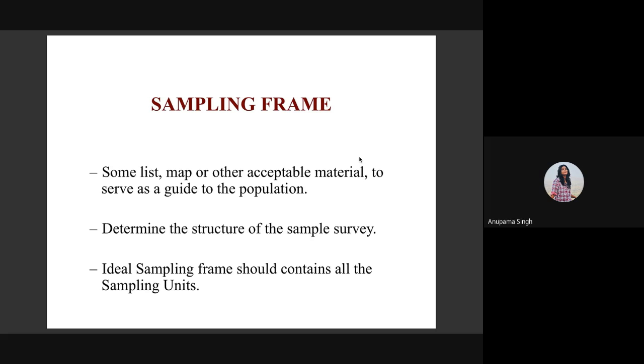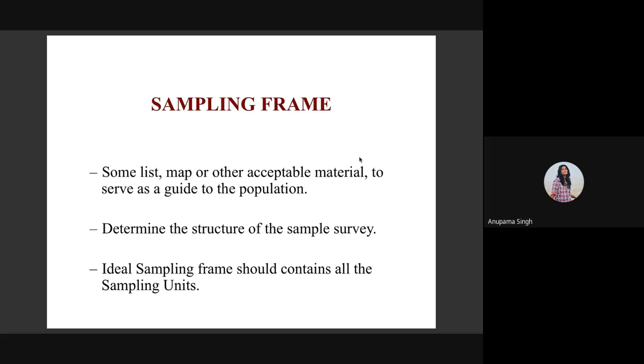So in different geographical areas, we make the list of blocks, or in rural areas, we make the list of villages, and then we have gram panchayats, right? In that way we can make the list of the whole household size. So it is some kind of information that is required to draw a sample, and it should be prepared in advance.